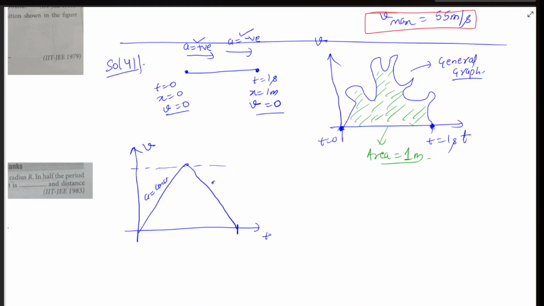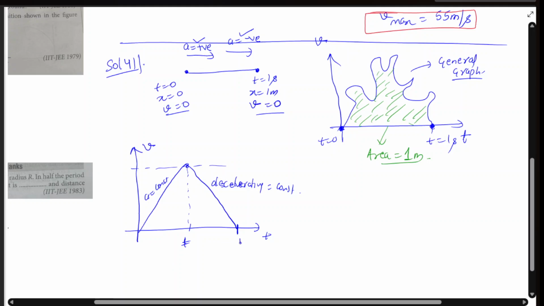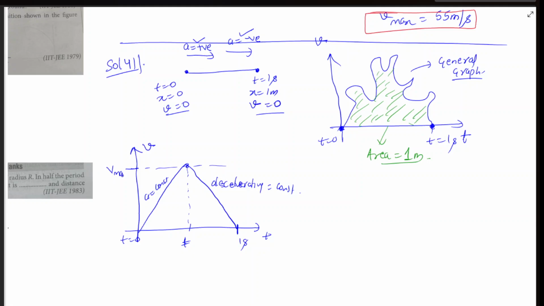And then it is moving with a constant deceleration, right? So it is decelerating. At some time it must achieve something we call Vmax. This is t equal to 0, and this is 1 second.